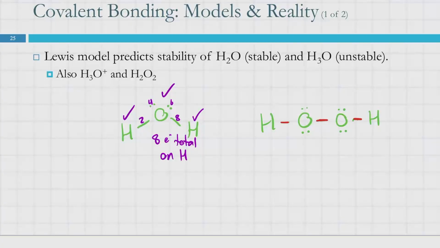Hydrogen likes to have 2 electrons, a duet, so the hydrogens are happy. If we look at our oxygens, they're in the same condition. They each have 2 bonds. They each have 2 lone pairs. Two bonds, 2 lone pairs, 8 electrons, so the oxygens are also happy.